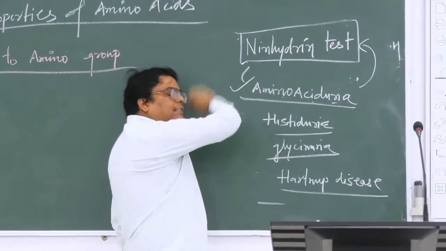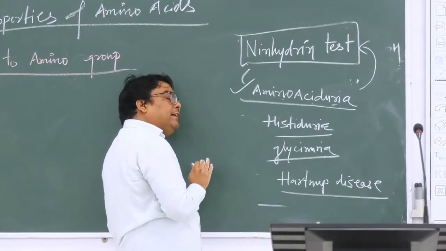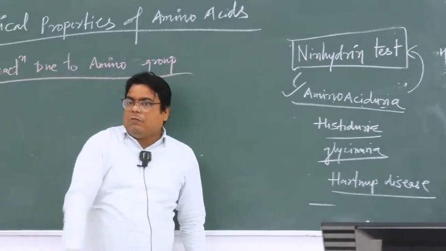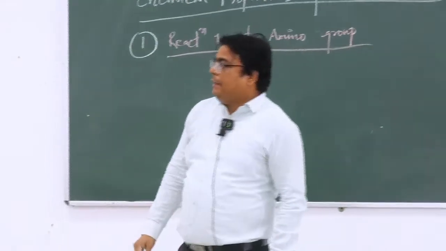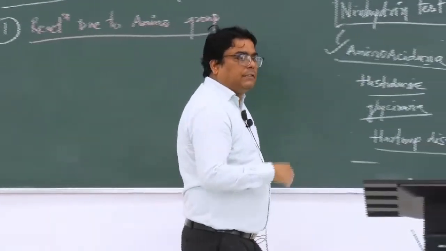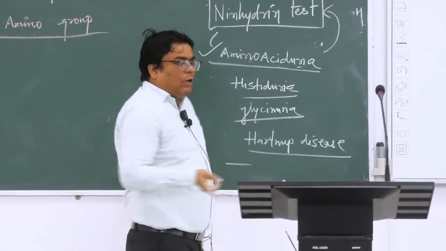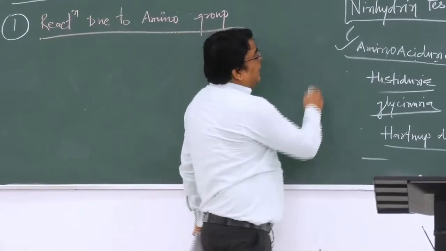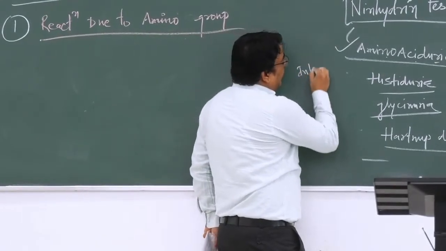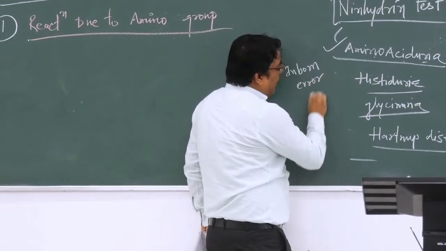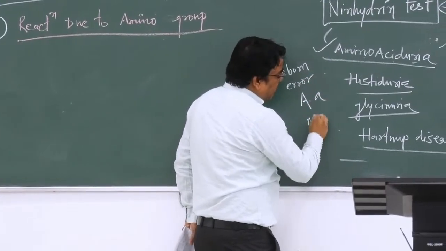It is the ninhydrin test, a common chemical test to identify amino acids. Only one amino acid is not identified, and that is glycine. Glycine is not identified by this test. All other amino acids we identify in a sample. It is majorly used to identify different inborn errors of amino acid metabolism.